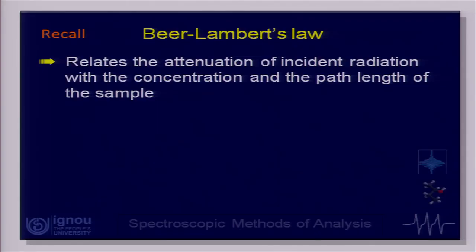Okay, let's move to today's session. Let's briefly recall what the Beer-Lambert law is. You will remember from the previous session that the Beer-Lambert law relates the attenuation of incident radiation with the concentration and the path length of the medium. Let's understand this.